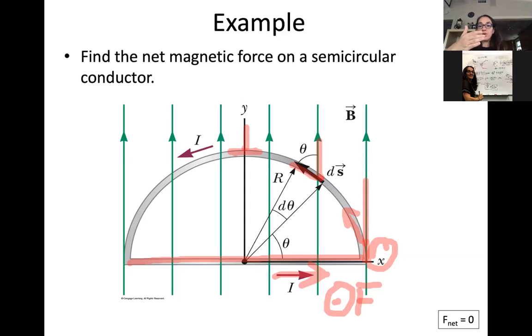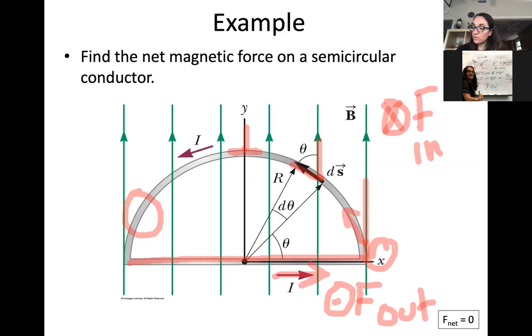But at every point along the way, the B field is pointing that way. So I've got to turn my palm all the way around. And that's going to give a downward force. And I can do that for every little step along the way. Now I can look at maybe over here. Over there, my fingers with the current are pointing this way, but the palm has to point that way with the B field, so down. So this whole curved portion gets that type of force into the board, down. And this one gets out of the board, and this one goes into the board.